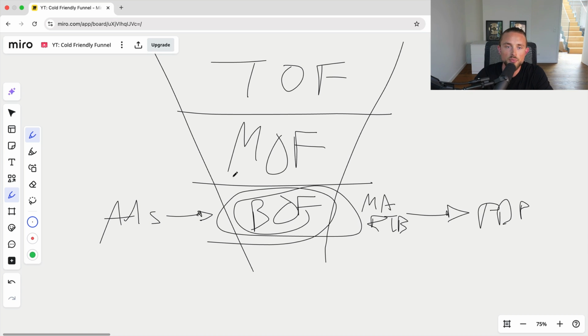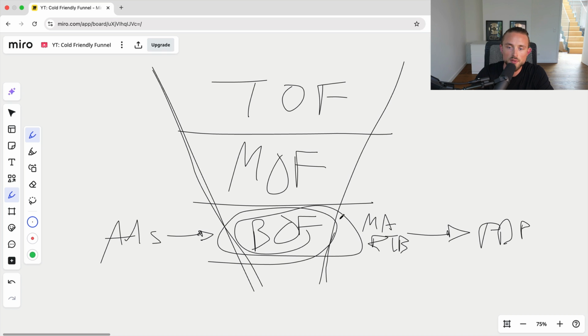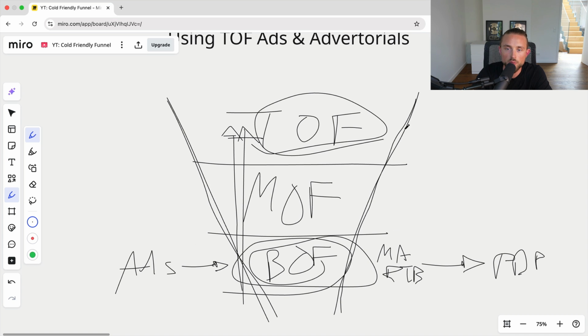But the reason I draw it in a V shape is that this audience is pretty limited. Most of our clients are doing anything from $20 to $100 million per year. At that growth stage, you need to target a less aware audience, so you need to go up the chain in terms of awareness stages and go for the top of funnel audience.